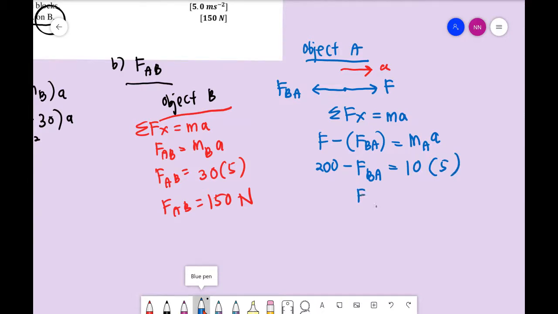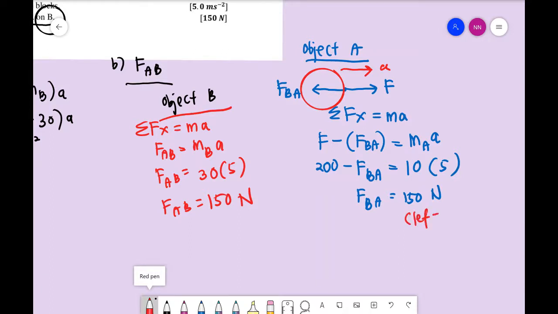So force on A by B equals 150 Newton, to the left. We can see from here, it is to the left. And force on B by A is to the right.